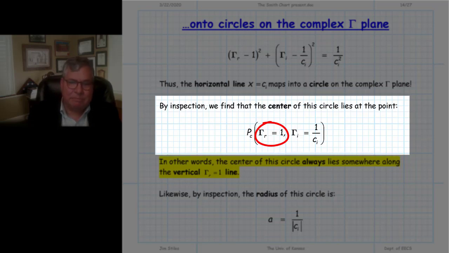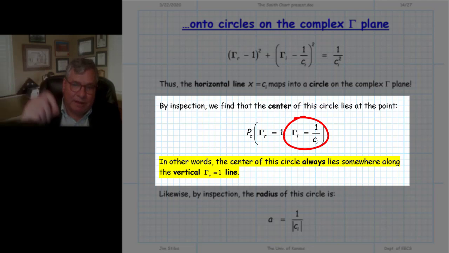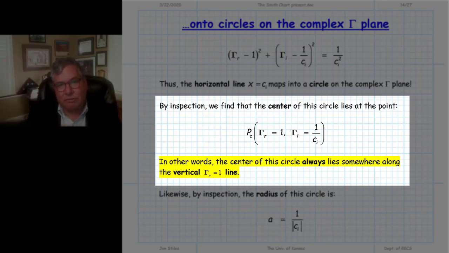And because of that, it means that the center of all the circles that are mapped in this way must be along a contour that is described as gamma r equal to 1, a vertical contour on the complex gamma plane. The imaginary part of the center of the circle is dependent on Ci. So what we'll find is the center will slide up and down this vertical contour of gamma r equal to 1 as we change the value of Ci.